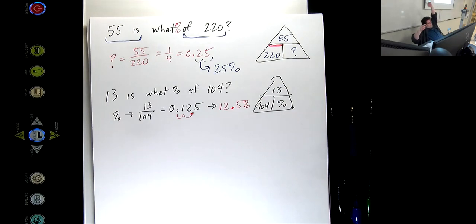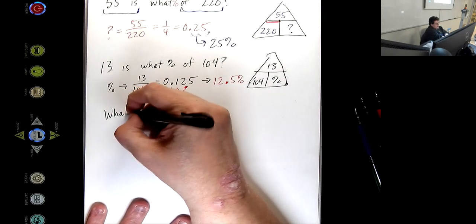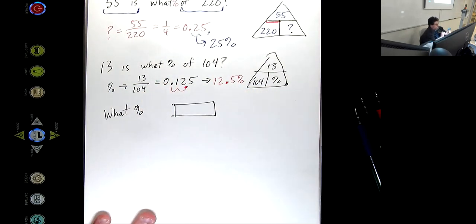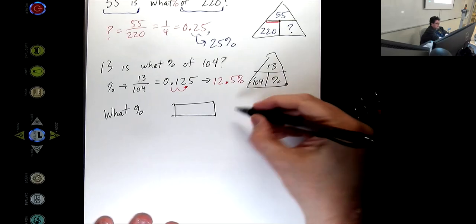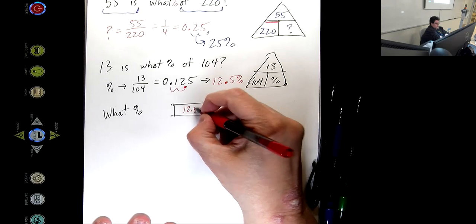Now, on the homework, I don't know what they're gonna do, but I know computerized homework is notorious for this. If they ask you what the percentage is, and they're gonna give you a box, if the box has nothing in it or nothing around it, put 12.5 and put the percent.